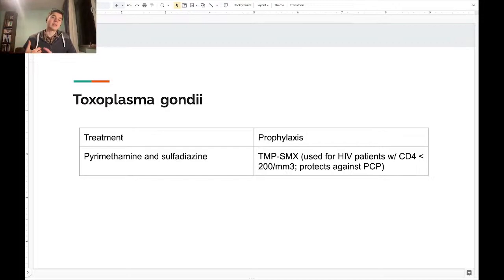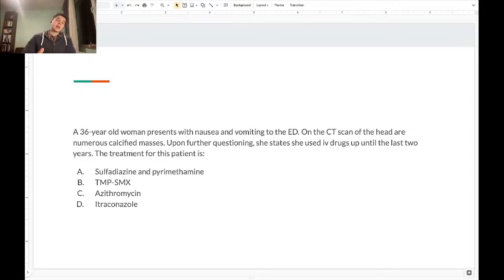So when we have an HIV patient with a CD4 count less than 200, we put him on trimethoprim sulfamethoxazole for both Pneumocystis and Toxoplasma gondii. Another thing worth saying is that azithromycin is used as a prophylactic method against Mycobacterium avium complex in HIV patients when the CD4 count is below 50.